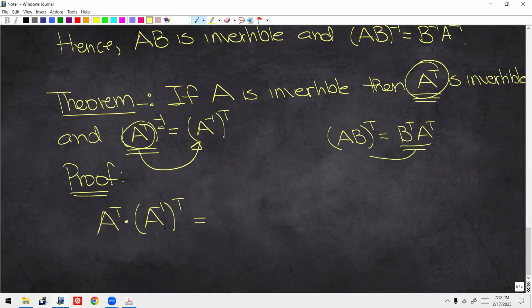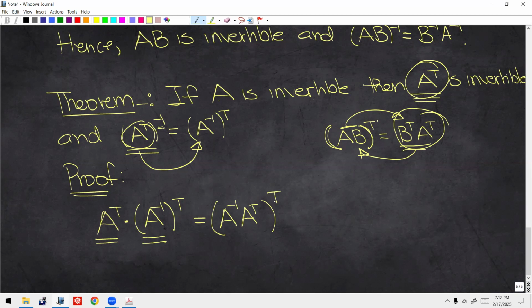So I have this form right now. If I want to write it as a product transpose, then I'll have to switch the order. So I'll get A inverse A transpose. Okay, so that's what we'll get.